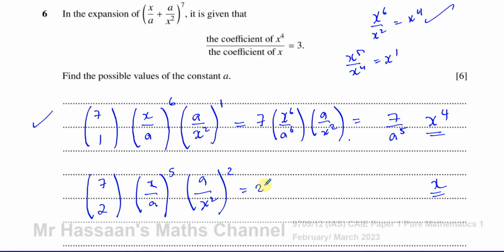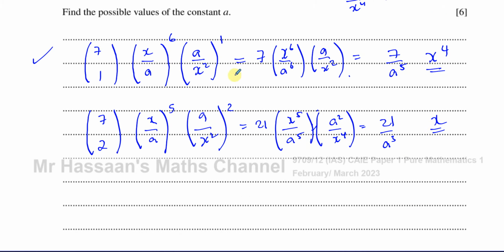So it's going to be 21 times x to the power 5 over a to the power 5 multiplied by a squared over x to the power 4, which will give us 21. Okay, and of course you'll have the x, and you'll be over a to the power 3. That'll be a to the power 3 because they cancel out to give you 3 in the denominator.